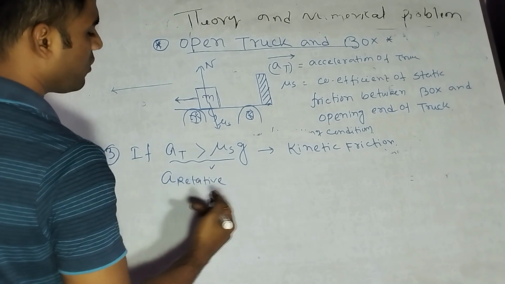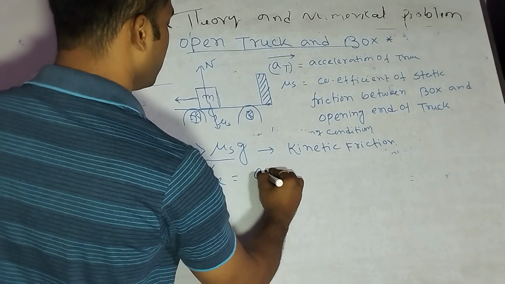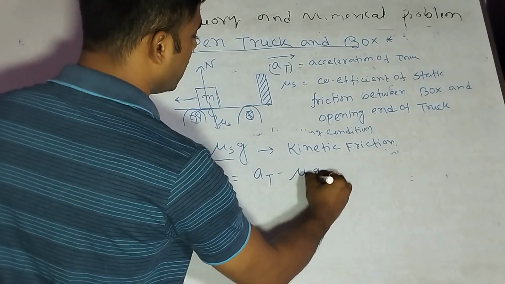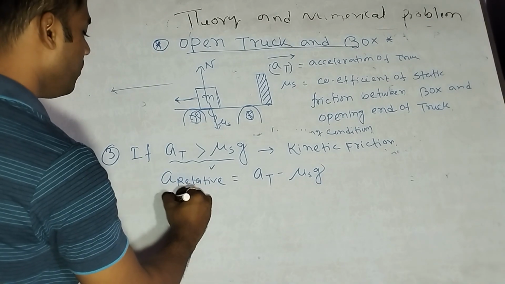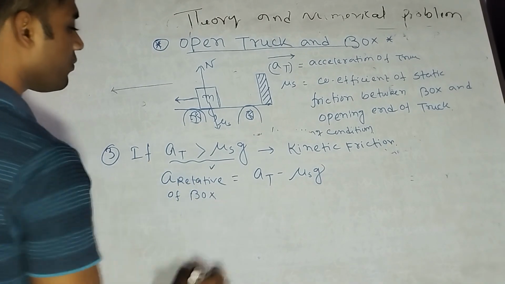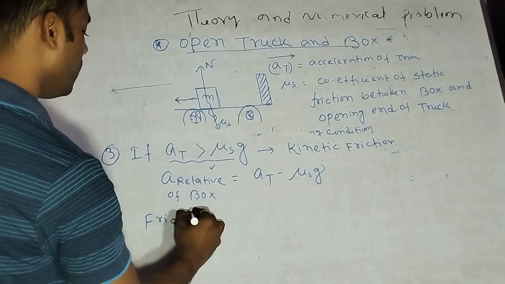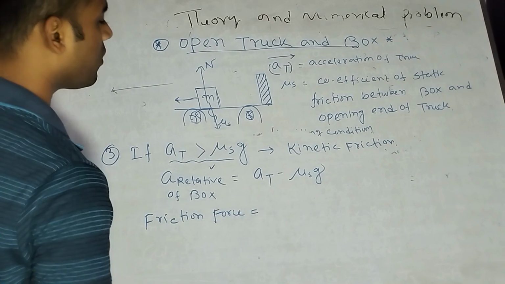Then the next question is the relative acceleration value. This is the value of the acceleration of the truck minus mu s into g. This is the relative acceleration of the box. Then the friction force in this condition.